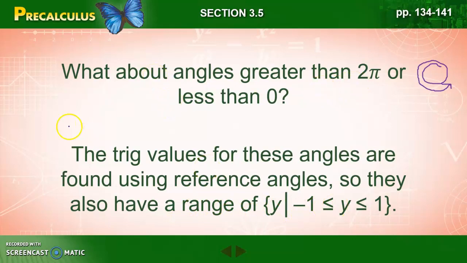Remember, we did all that work with periodic functions, finding things like the sine of 59 pi over 3. And we referred to that unit circle, we found the reference angle, and we determined that the sine was the same as that reference angle. So even for angles greater than 2 pi, because we're using a reference angle, that range will still be between -1 and 1.